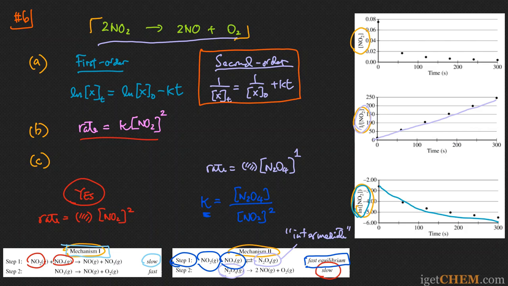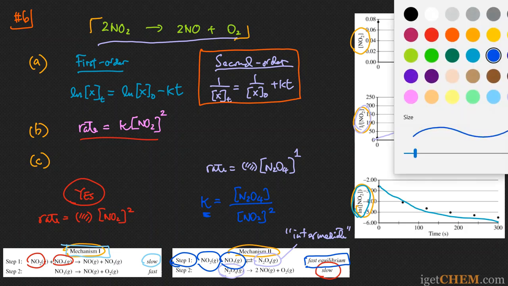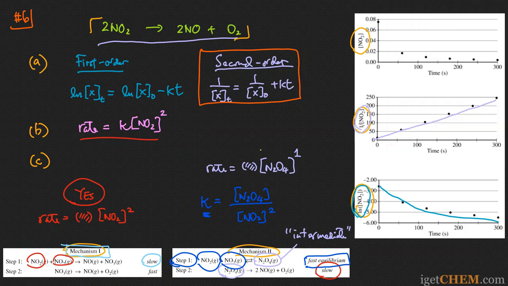What that implies is that the N2O4 concentration that shows up in the rate law can be rewritten in terms of the NO2 concentration. If you take this and move it up to this side, then you have an expression for N2O4. So the N2O4 could be rewritten as the equilibrium constant times NO2 squared. Let me write Keq in case there is any confusion about that K versus the K in the rate laws.